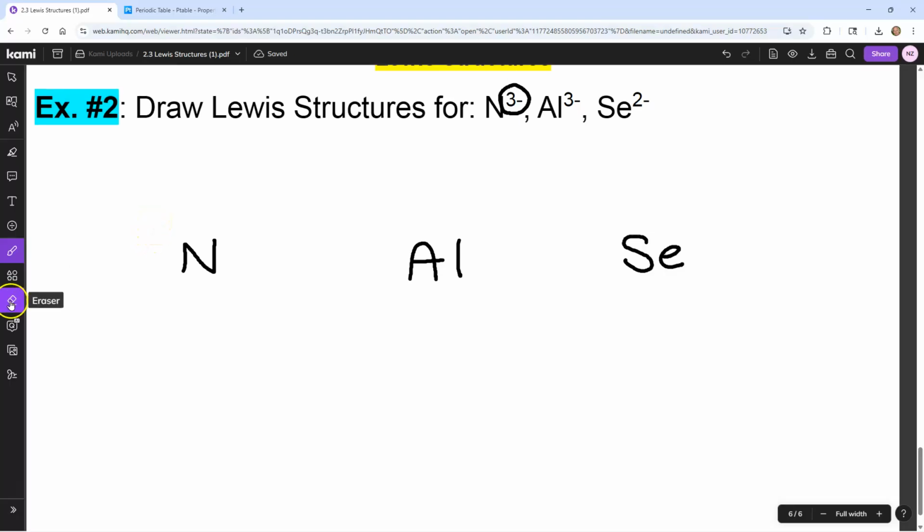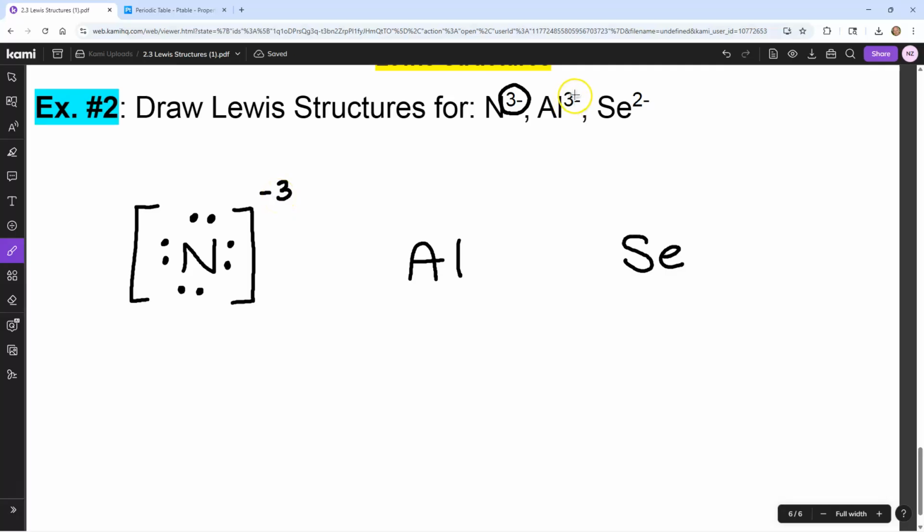I'm sorry. Let's do that again. It's going to gain 3 electrons because it has a negative charge. So it will have all 8 dots. 2, 3, 4, 5, 6, 7, 8. It's going to go in brackets, and I'm going to write that charge on the outside. So it's -3.